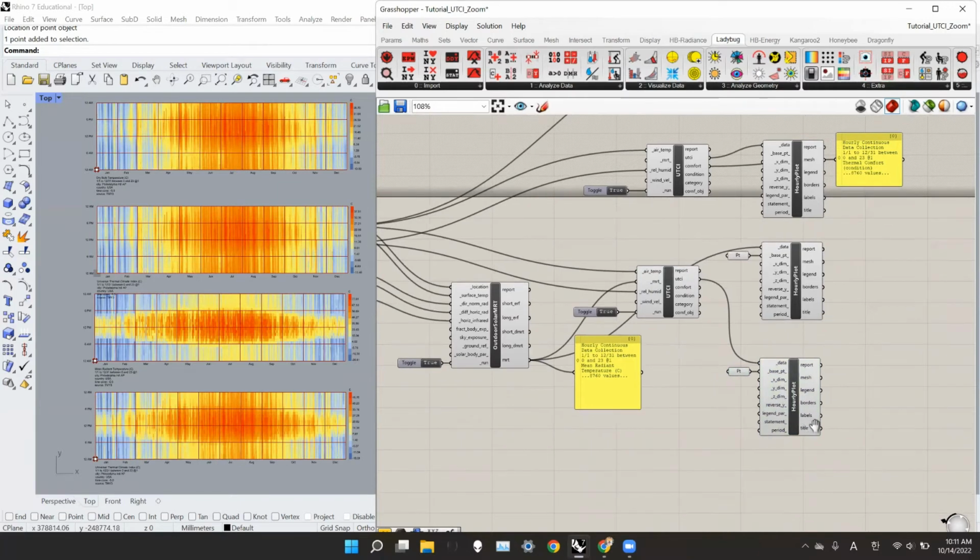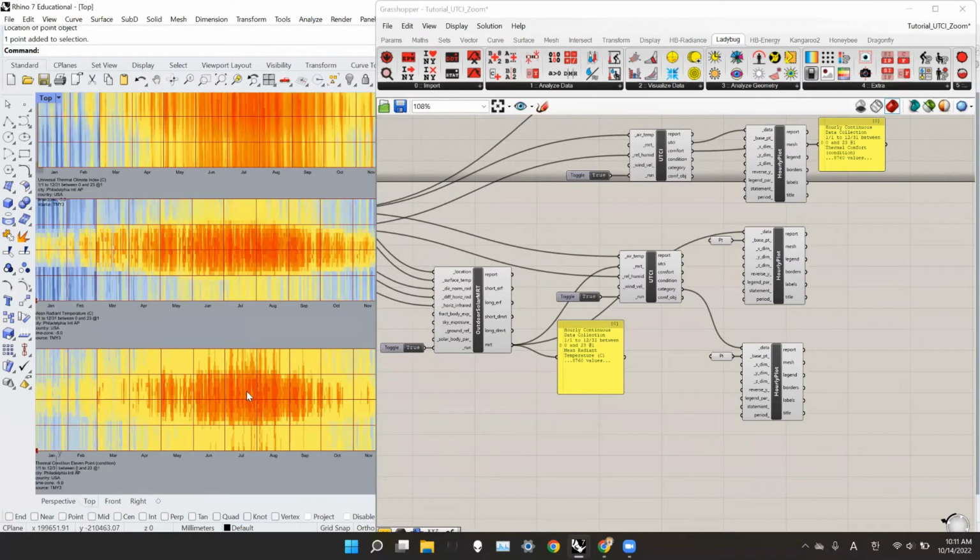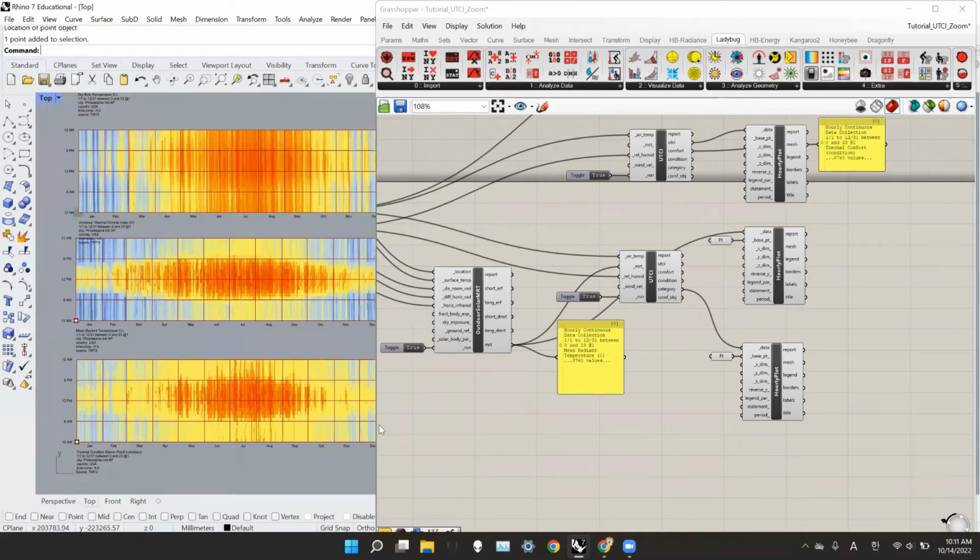And if we look at the comfort category, in June, July, August, it doesn't have a lot of hours of comfort. So these are the target points for our analysis.